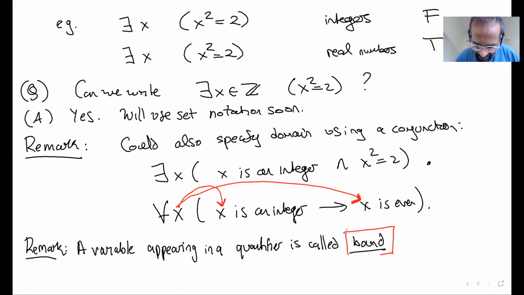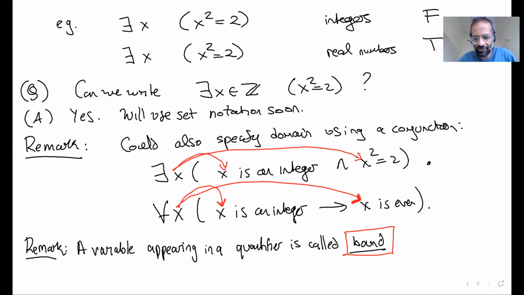I'll use red to indicate that this x refers to all the x's in here. And that's what turns the propositional function into a proposition.